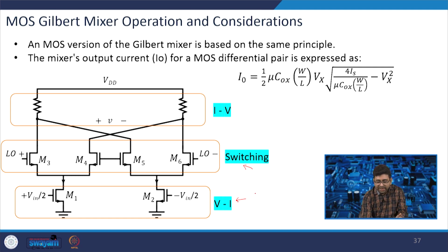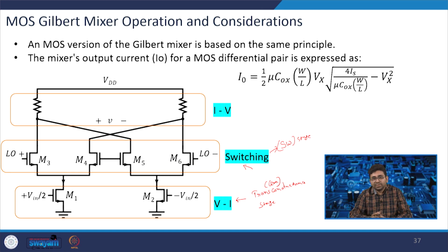This is many times called the transconductance stage, also called the GM stage, and this is the switching stage, many times written as the SW stage, and then this resistor is converting current into voltage. You can use any component which can convert current into voltage, or you can also use an op amp, like an OTA, operational transconductance amplifier.